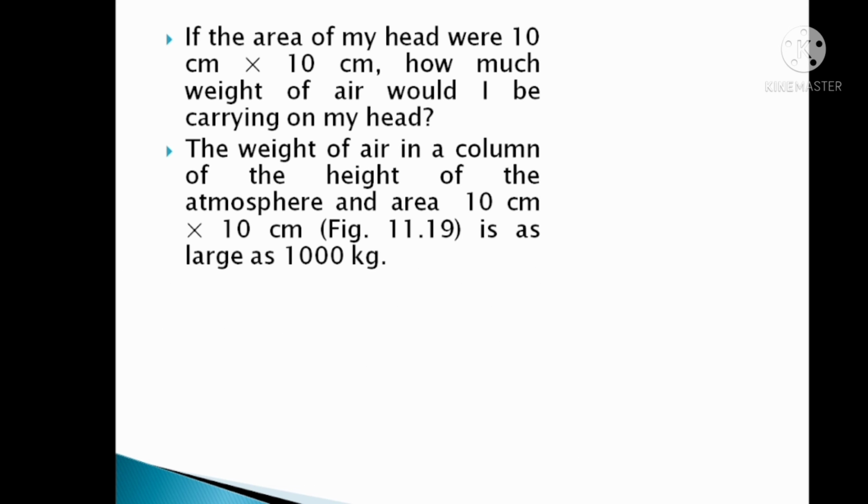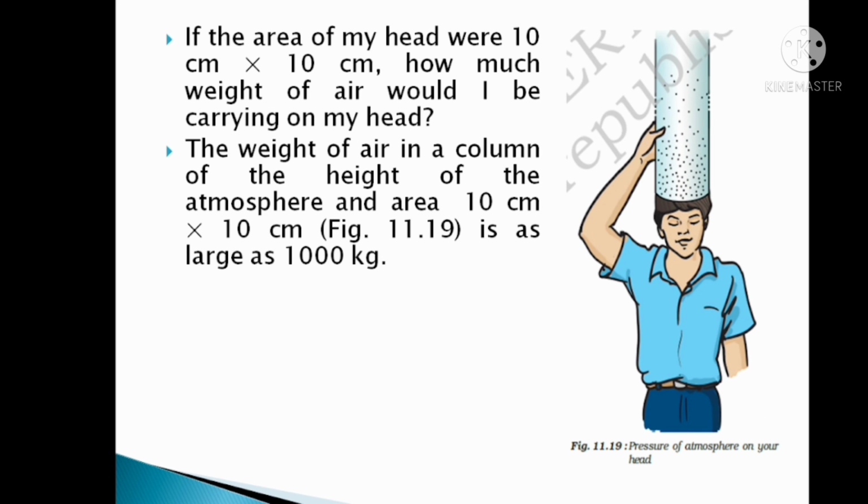The weight of the air in the column of the height of the atmosphere, that is 10 centimeter by 10 centimeter, figure 11.19, is as large as 1000 kilogram. The atmospheric pressure is almost like that, 1000 kilogram. How? You can see in this diagram. Clear? If a person has a 10 centimeter by 10 centimeter tube and if it is empty, then how much weight does the atmospheric pressure have? The weight is about 1000 kilogram.